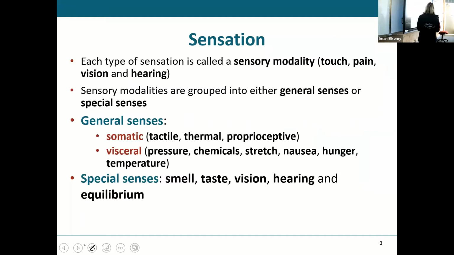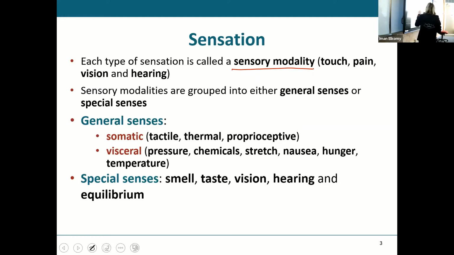Every sensation is called a sensory modality. A sensory modality would be something like touch, pain, taste. Each modality will have its own individual receptor.